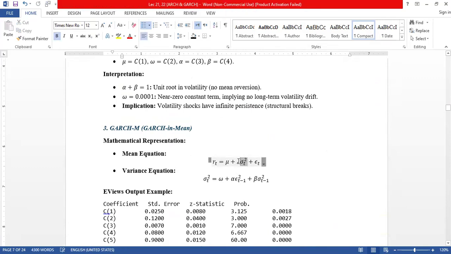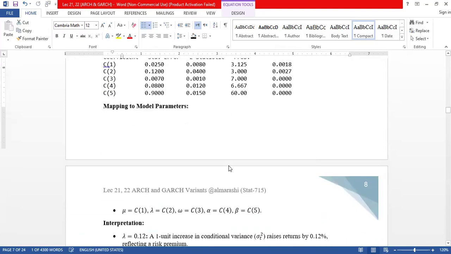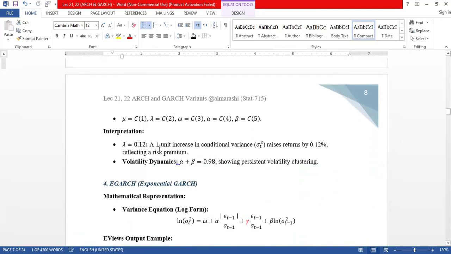And you have to see this lambda in the mean equation, whether it is significant. If this is significant, this means that volatility is going to affect your mean as well. This means what?